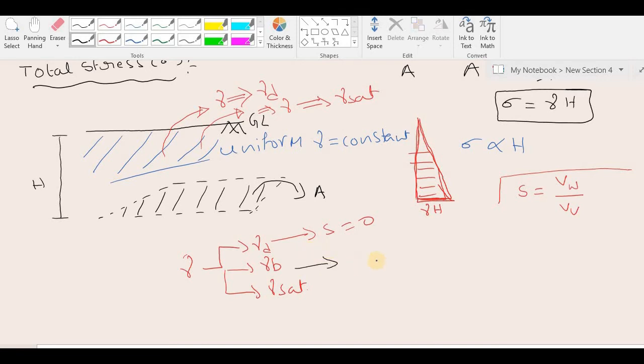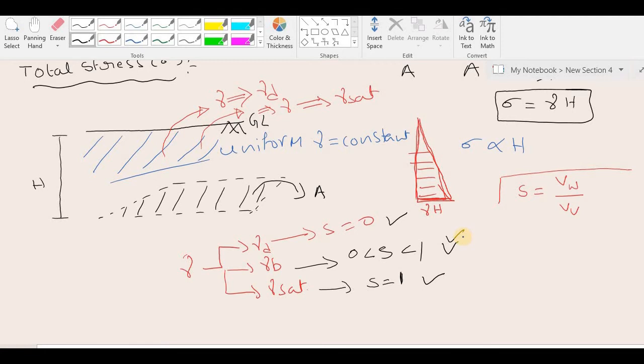So the degree of saturation is in between 0 and 1. In gamma sat, the degree of saturation is 1. So it means it is a two-phase diagram. It is also a two-phase diagram. This is a three-phase diagram.